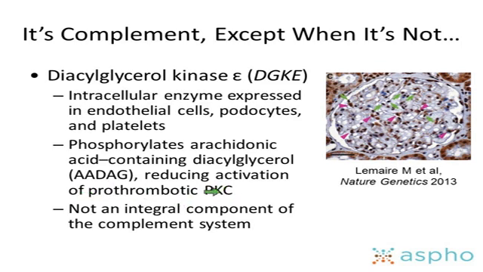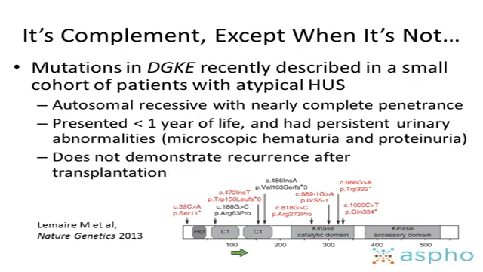As best as we can tell, there is no association at all between diacylglycerol kinase epsilon and the complement system. Mutations in DGKE have been recently described in a cohort of patients with atypical HUS.